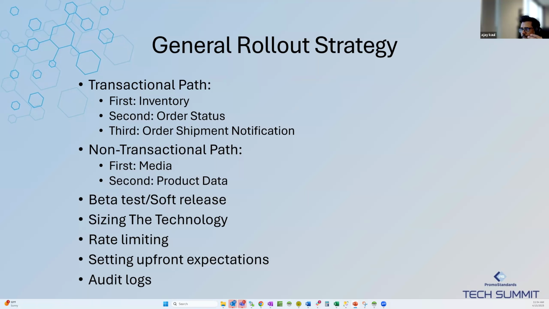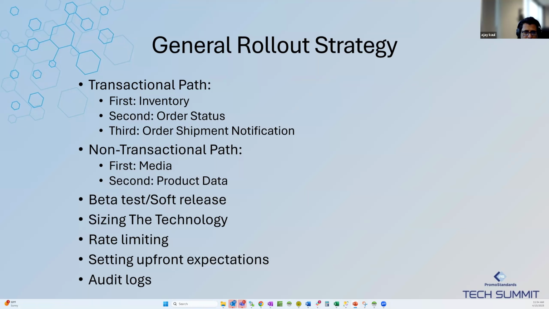Some of the heavier ones could be the product data and the product pricing and config data. The OSN and the order status, depending on how far you allow the end users to consume that status data, could also be a heavier payload, so you want to make sure you have the right size technology and infrastructure in place.